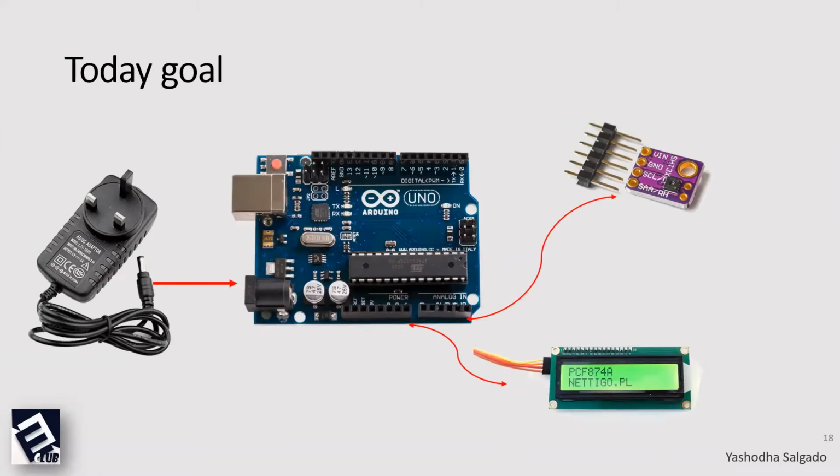So this is our goal today. We are going to design a PCB that can measure atmospheric temperature and humidity and show it on an LCD display. And we are using a 12-volt power supply, and also we are using an Atmega 328P microcontroller here.